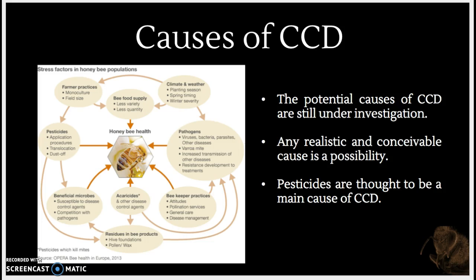And as new information becomes available, new causes are added and others may be dismissed as potential causes. We will discuss pesticides, especially neonicotinoids, in more detail than other causes due to their highly suggestive impact on CCD. The other causes are not enumerated in any specific order due to the lack of sufficient knowledge confirming the priority of one above another.